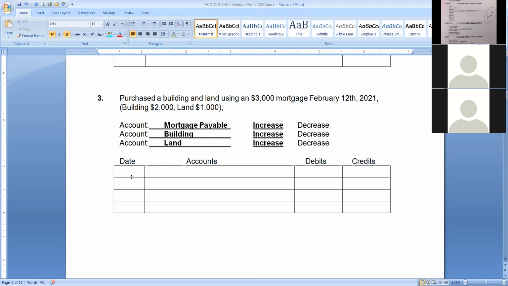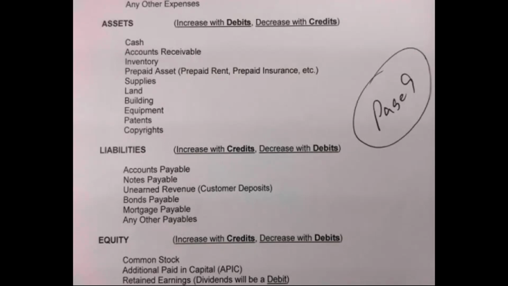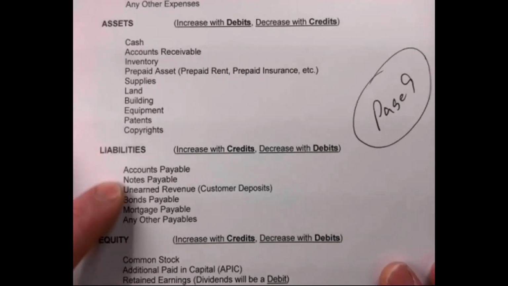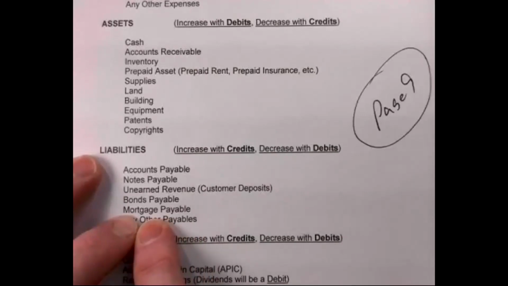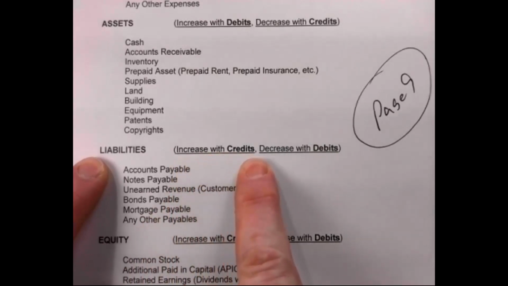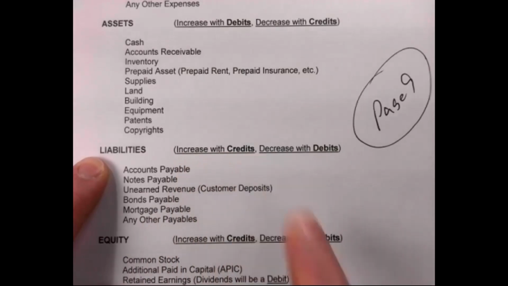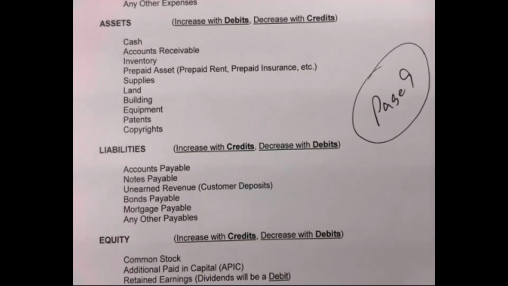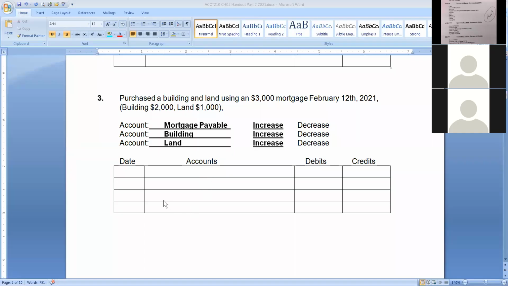Okay, so let's take the mortgage payable first. Mortgage payable is a liability, right here. It's going up, so it will increase with a credit. Okay, so I'm going to come down here a little bit. Oh, let me put the date in here. What's the date?